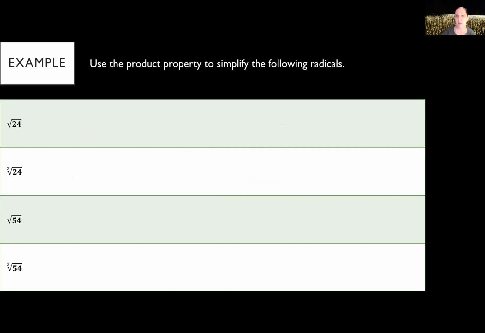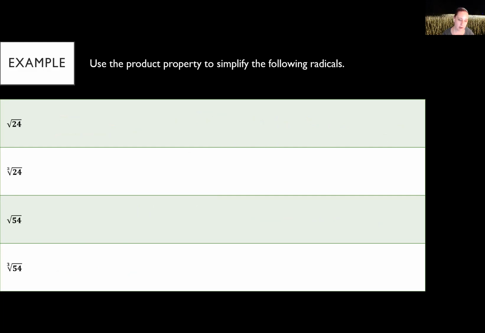So let's look at this with numbers. I started with variables because variables are the easiest type of radical to simplify, because all you have to do is split it up in a way that you can divide that exponent by the index. Those are the easiest ones. With numbers, we have to do prime factorization first.